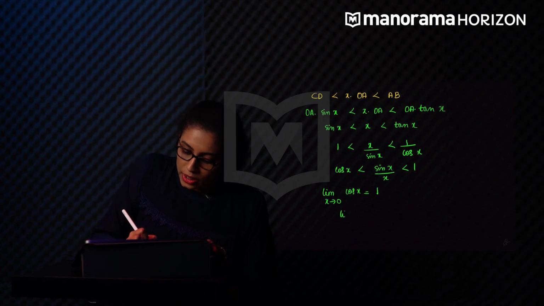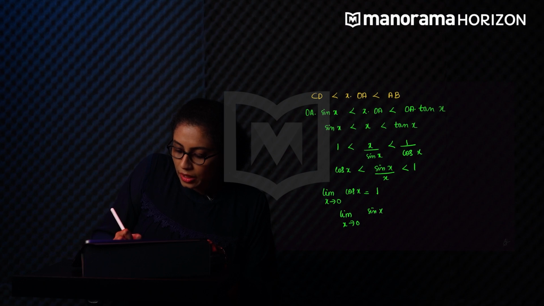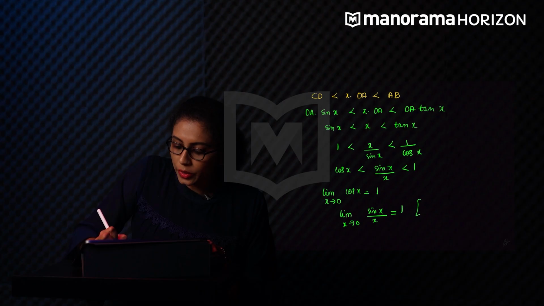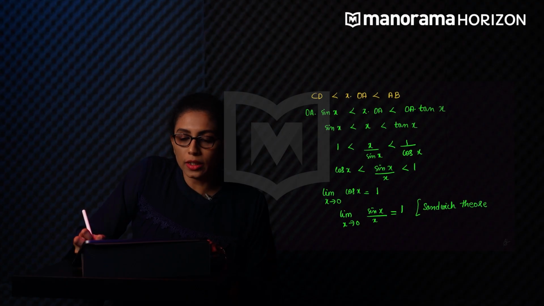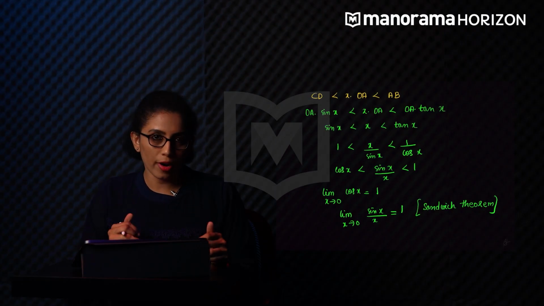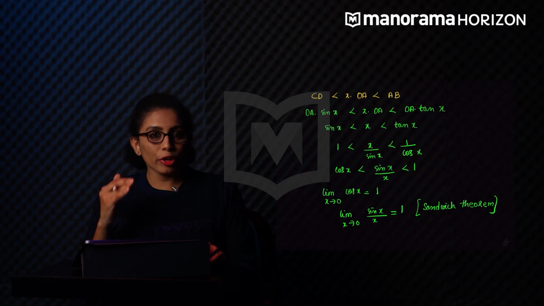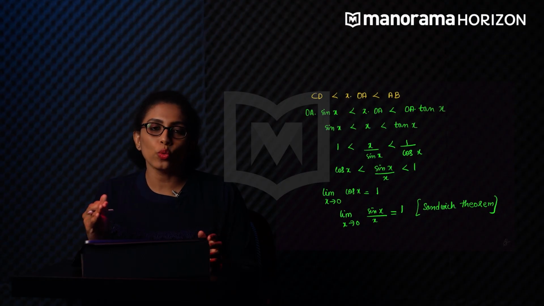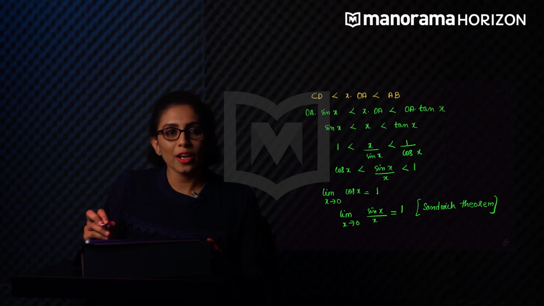Therefore, limit x tends to 0, sin x by x will also be equal to 1 as per the sandwich theorem, because it is the middle term lying between cos x and the constant function 1. Alright, from the equality we proved that limit x tends to 0, sin x by x is equal to 1, and it is a very important property.